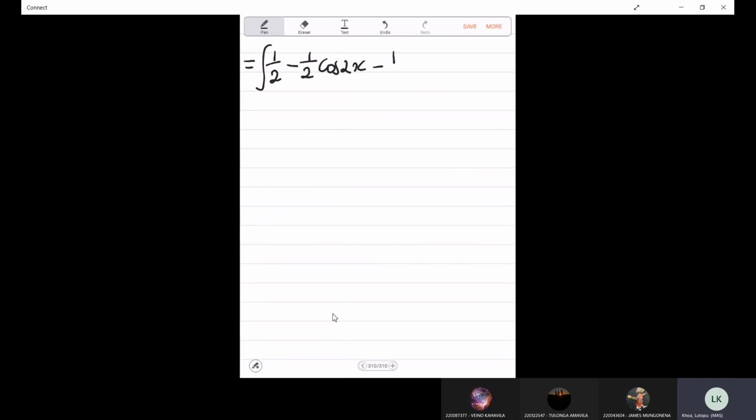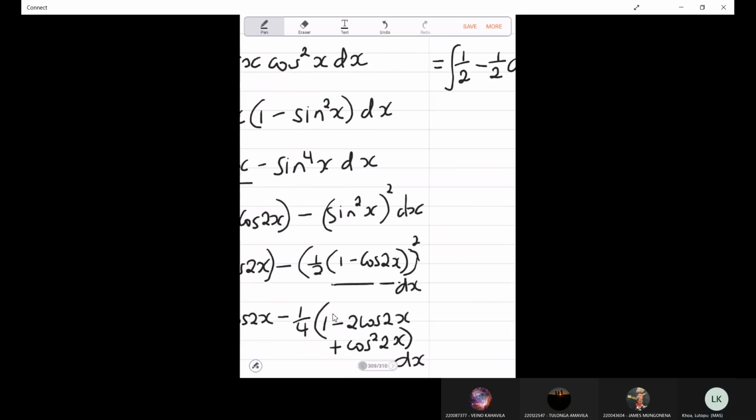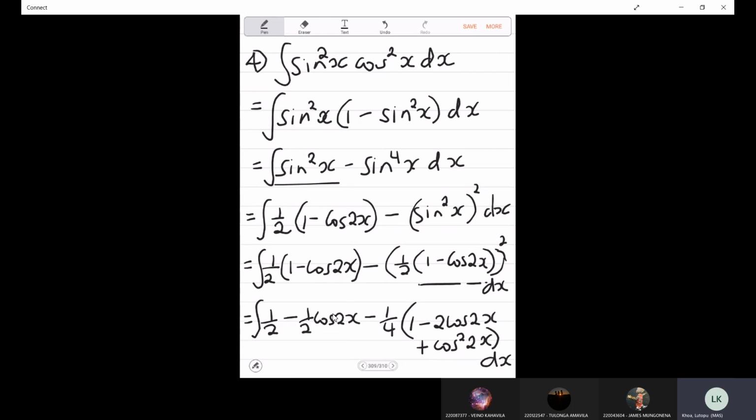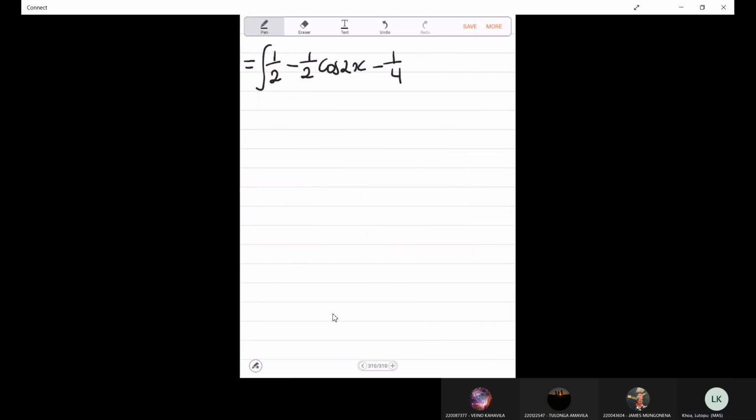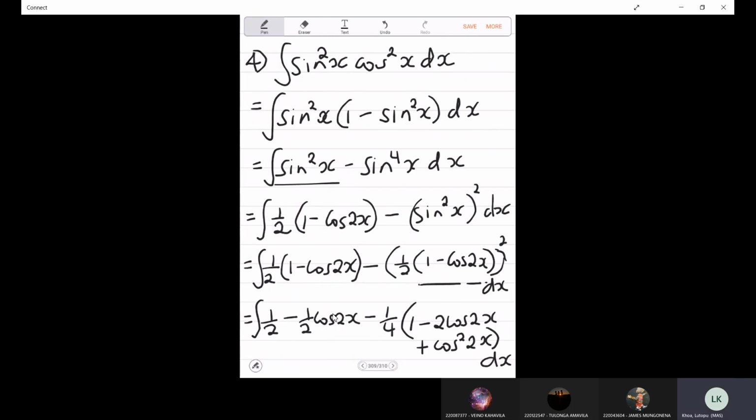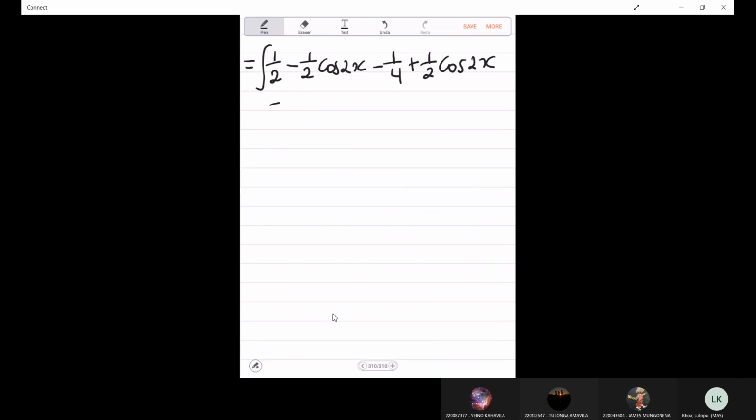Then I have minus 1 over 4, then positive a half cos 2x, and then minus a quarter cos squared of 2x dx.